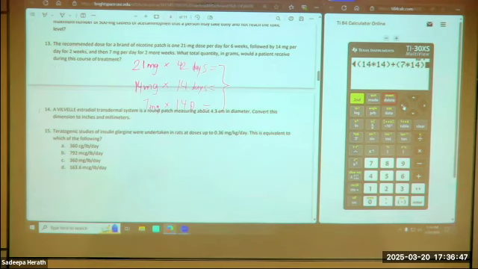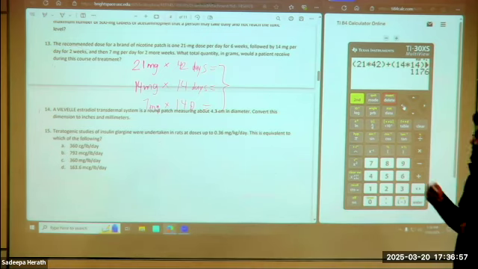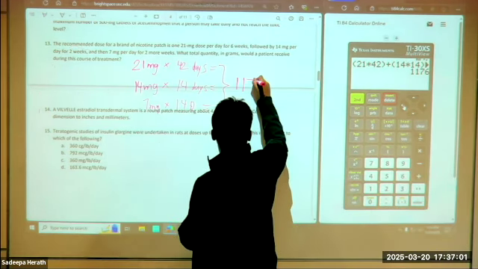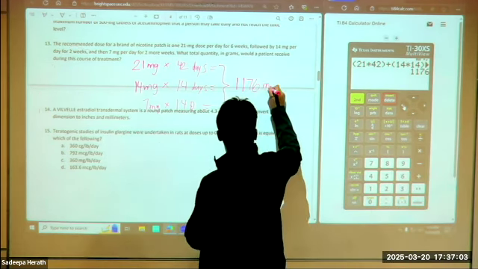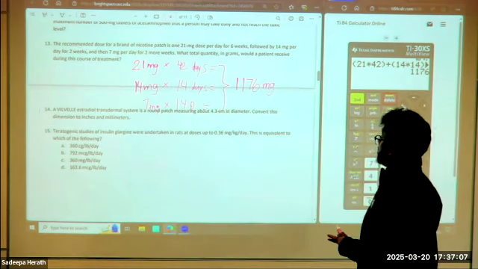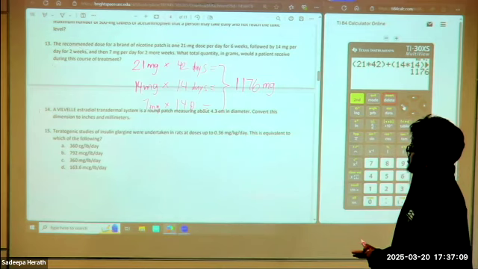Right? Multiplying each individual one in its own calculation and adding them up at the same time. So that's 1,176 milligrams. We're staying with milligrams, right? No, we're not. Why? Because they're asking for grams.